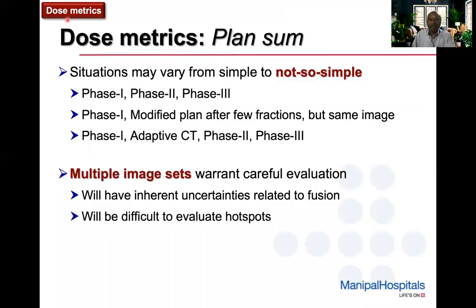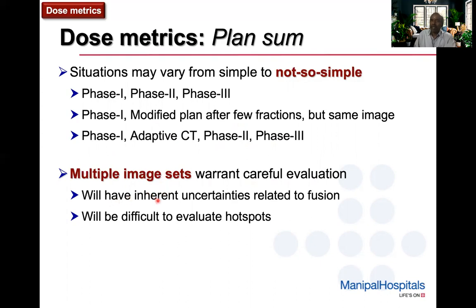Now, one of the last things in the dose metrics is that when you use the plan sum, or when you add the different plans, situations may vary from simple to not so simple. Phase 1, phase 2, phase 3 will be there. Phase 1 modified plan after a few fractions, but same image. Phase 1 adaptive CT, phase 2, phase 3. There may be simple to not so simple situations, and we may be using multiple image sets, and they all warrant very careful evaluation.